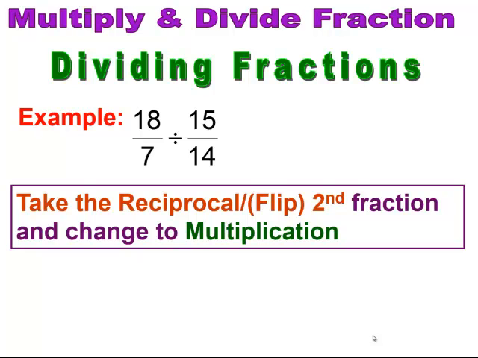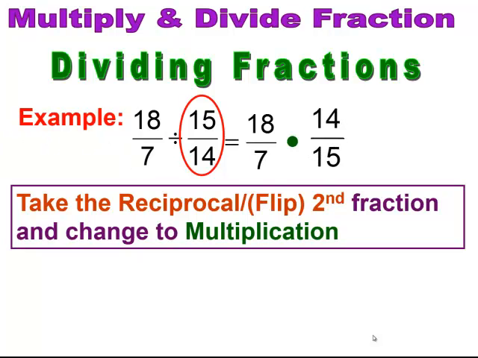So division problems turn into multiplication problems, but you have to create it by flipping the second fraction. So you keep the first fraction, change the division sign to multiplication, and then get the reciprocal of the second fraction.